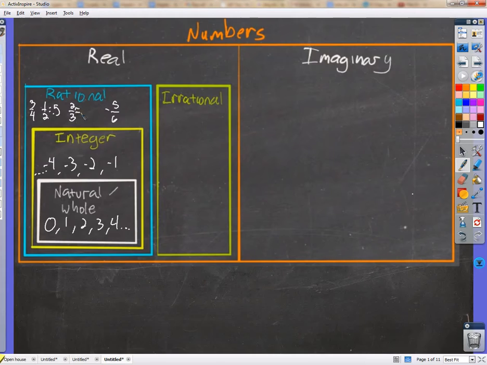2/3 is 0.6666666 forever. Okay, that line over 6 means 6 repeats itself for eternity. That can be written as 2/3. Okay, even though that decimal goes on forever, it can be represented as one integer divided by another integer.